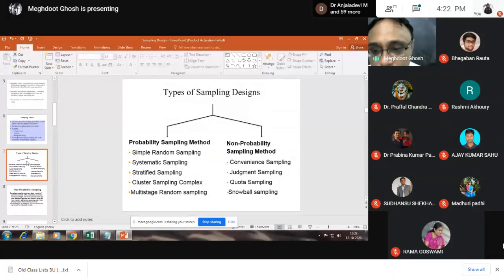Even if my content and explanation are good, arts background people will not understand that. And when I draw the sample from the population randomly, and unfortunately all the arts and commerce students come into the sample, they will give me a result which is highly biased.